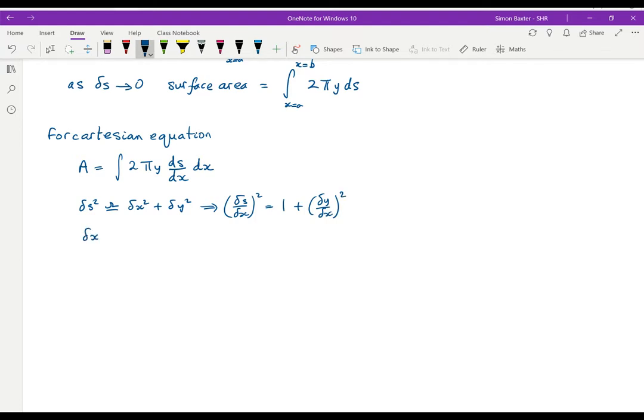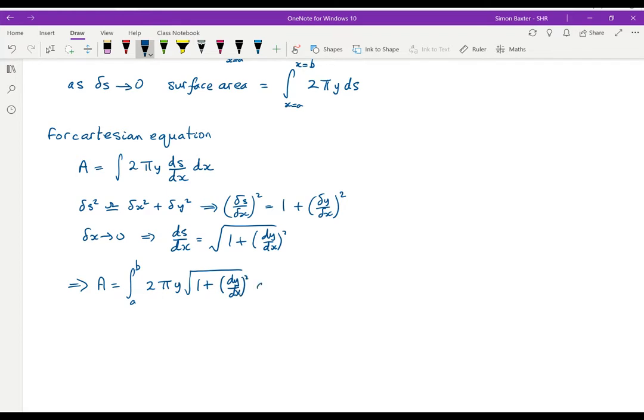Now let delta x tend to 0, take the square root, and ds by dx is equal to the square root of 1 plus dy by dx squared, something that you met when we were looking at arc length. So this gives us that the area for Cartesian equations is equal to the integral between x equals a and x equals b of 2 pi y root 1 plus dy by dx squared dx.